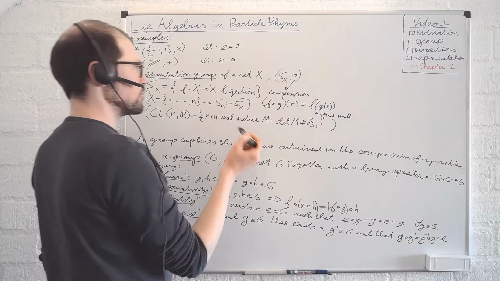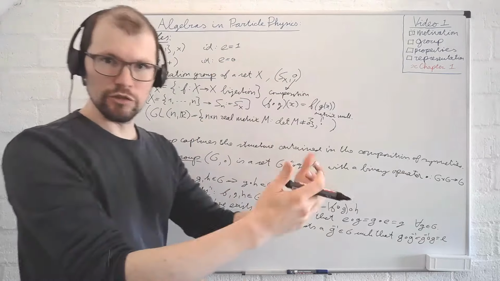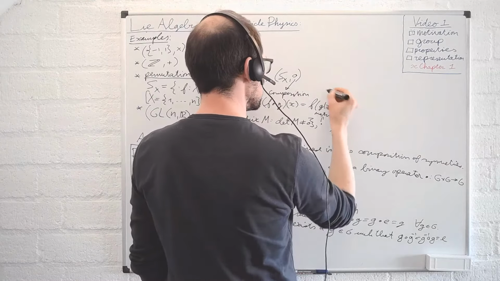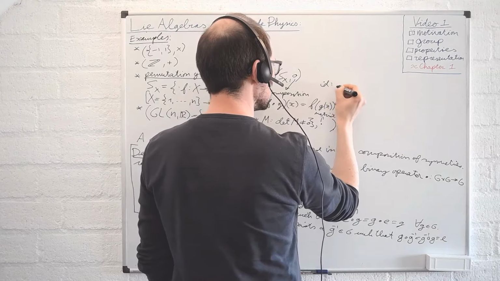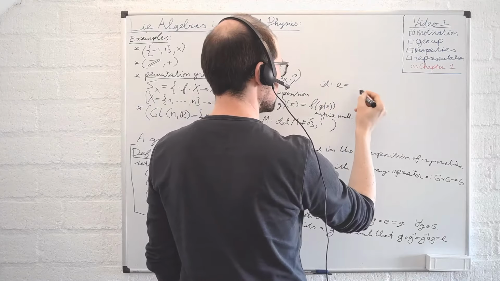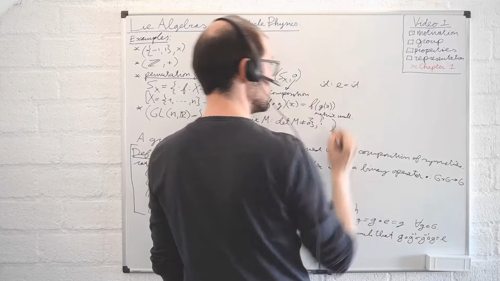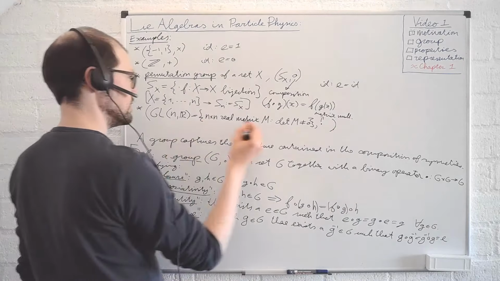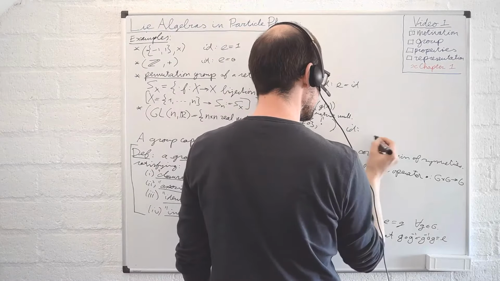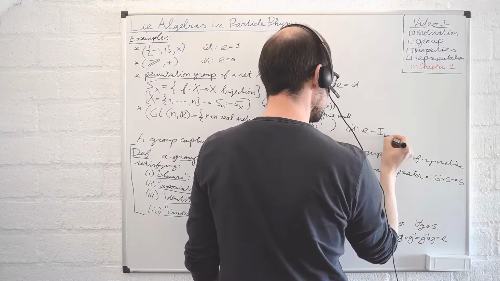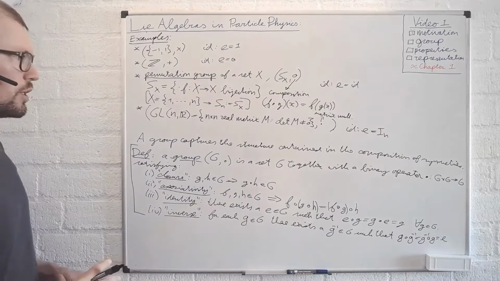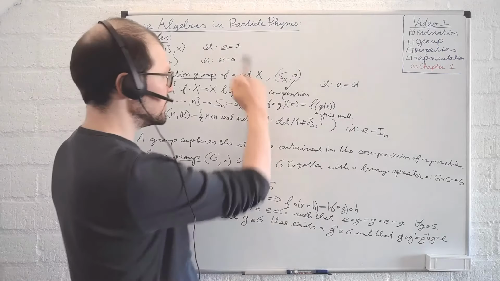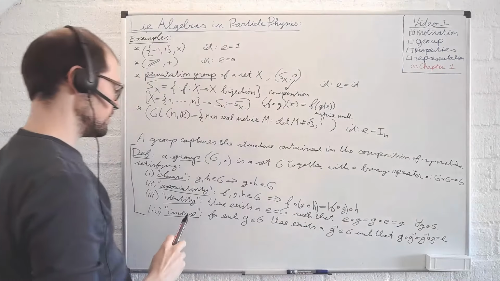The identity for permutations should be the trivial bijection that sends every element to itself, the identity map. And the identity for matrices is, of course, the n by n identity matrix. So clearly, these identities satisfy these relations.